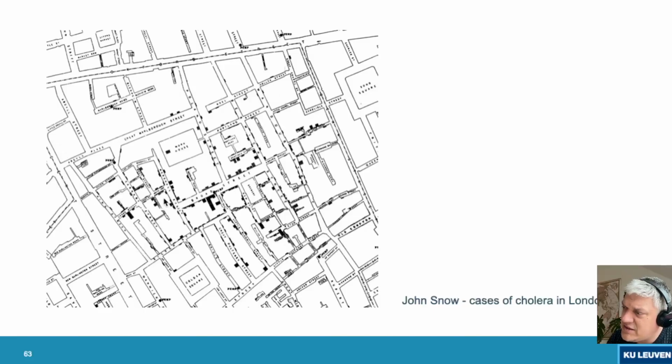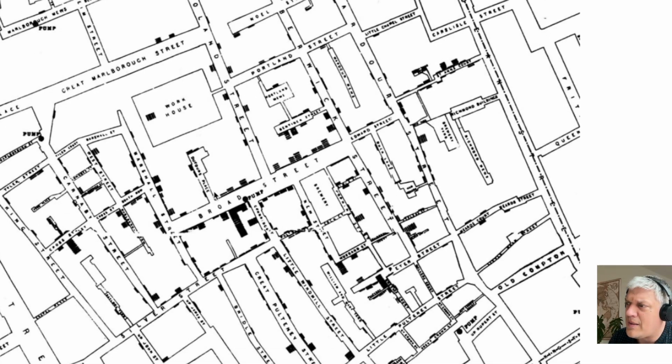And Jon Snow saw that most of the people who died were around this water pump. So he came up with the hypothesis, well, maybe it has to do with this water pump, right? That's what visualization does. Given an open question like what's going on in this case, visualization helps build hypotheses.